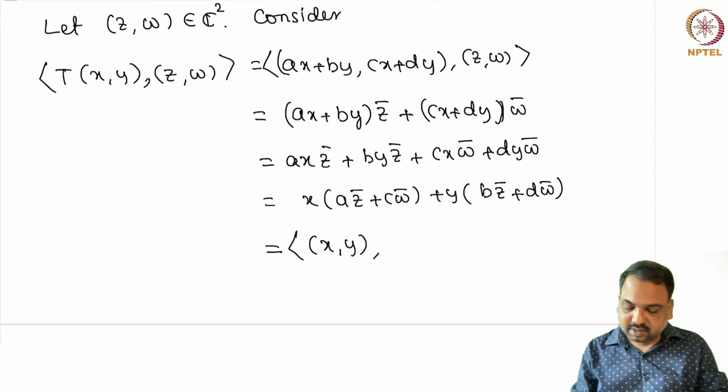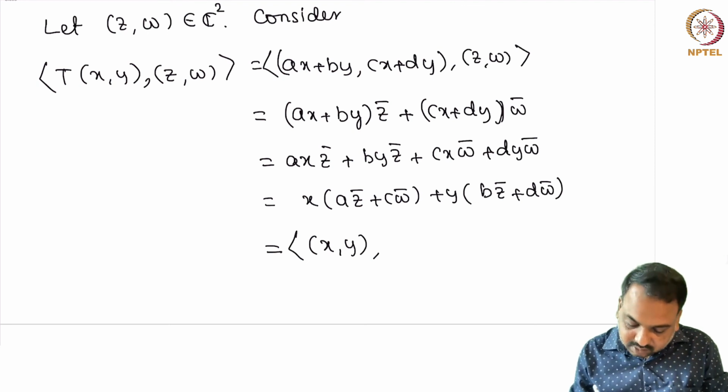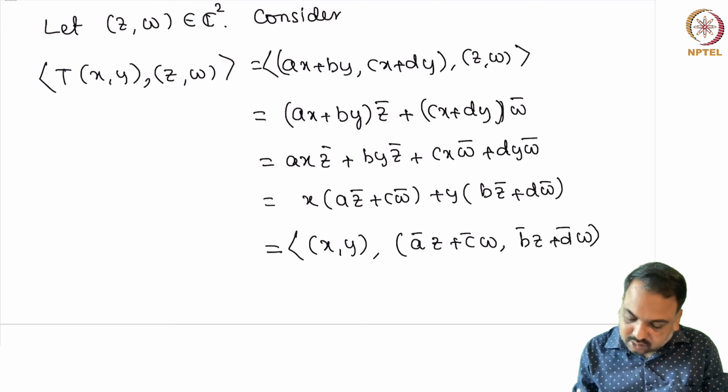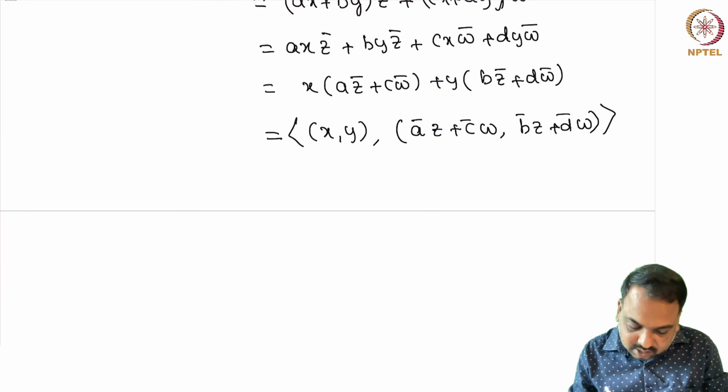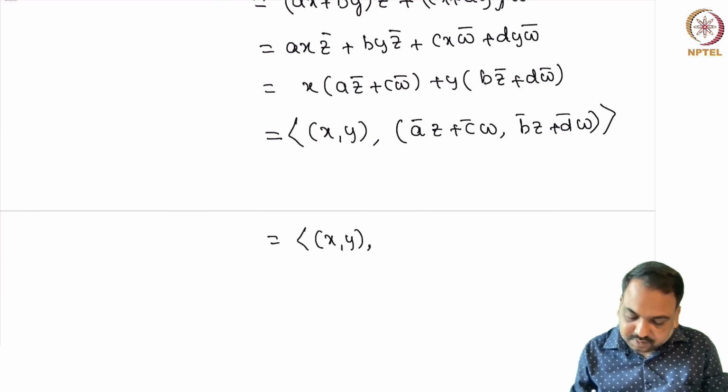the bar of the remaining two components, that is a z bar plus c w bar and b z bar plus d w bar. So we have to take the bar. So you will get (a bar z plus c bar w, b bar z plus d bar w). So this we can write in terms of a matrix.